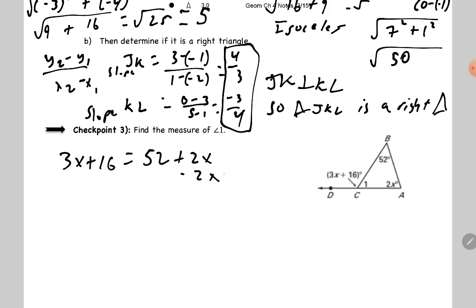Subtract 2x from both sides. x plus 16 equals 52. And then subtract 16, x is 36.